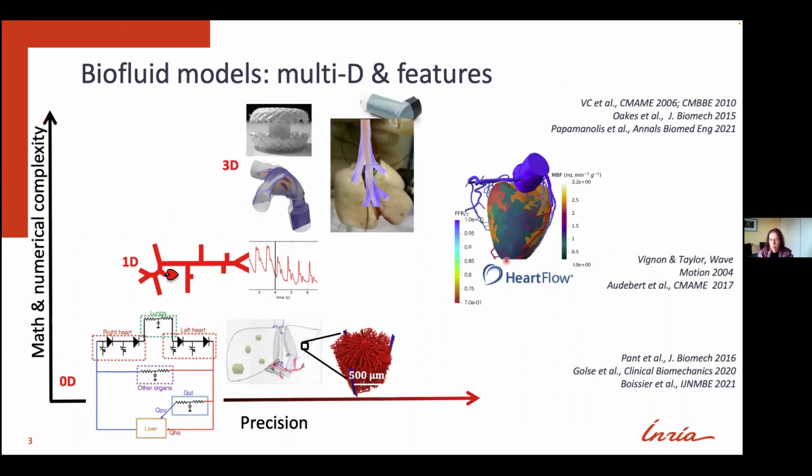Well, it really depends on the biomedical question that we are trying to solve. So typically for device design, we use 3D simulations or inhaled particle. But to understand wave propagation phenomena from the heart, usually 1D methods are favored.